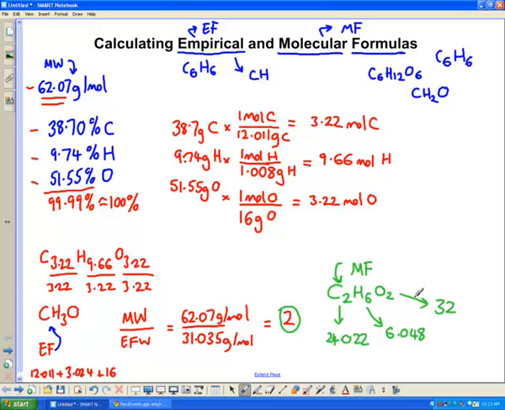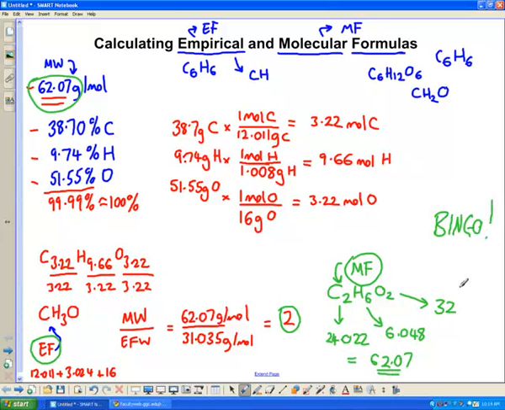They add up exactly. So therefore, this is the molecular formula. All these add up to 62.07, which matches exactly what we had here. Bingo! We have done it right.